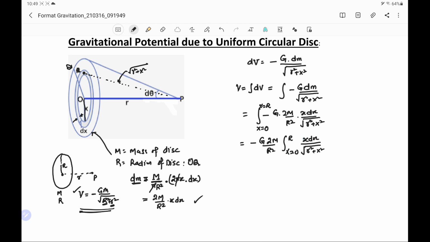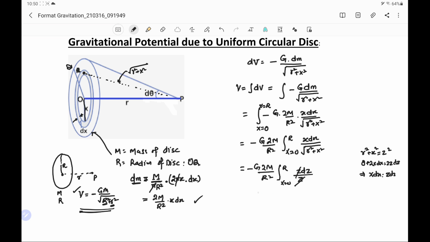Here, to solve this integration, we have to use the substitution method, that is r square plus x square equal to z square. Differentiating it, r square is a constant term, so it will be 0 plus 2x dx equal to 2z dz, or we can write x dx equal to z dz. Therefore, we will get minus G 2M by R square, integration from x equal to 0 to R, x dx is z dz over root of z square, so the square root is simply z.